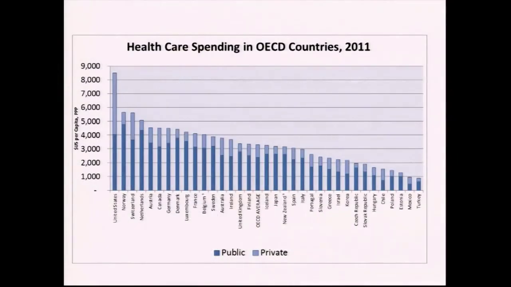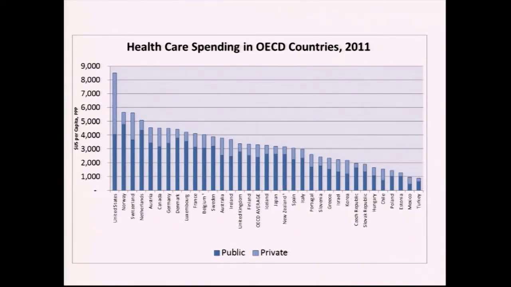Okay, so let's just start at the very beginning. These are data from the OECD showing healthcare spending in the US and other countries. Probably many people are at least generally familiar with these statistics, but this is per capita spending. In the United States, we're number one. Our healthcare spending is, this was 2011, over $8,000 per person in the US per year. If you compare this to other countries, obviously this is much higher.